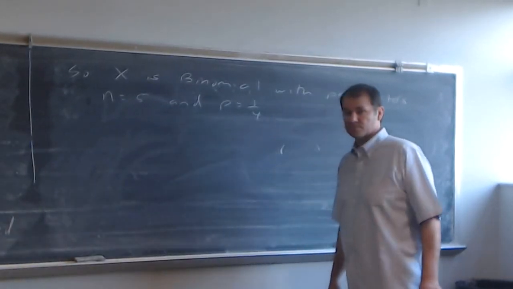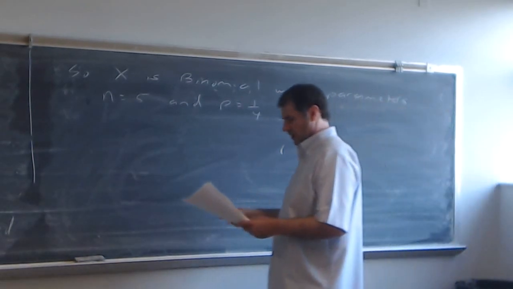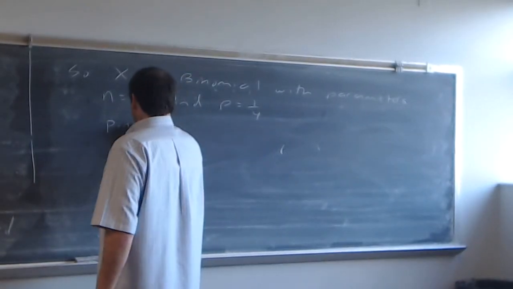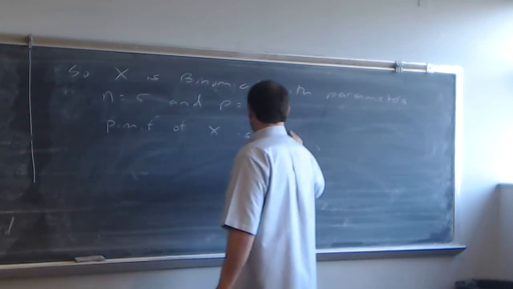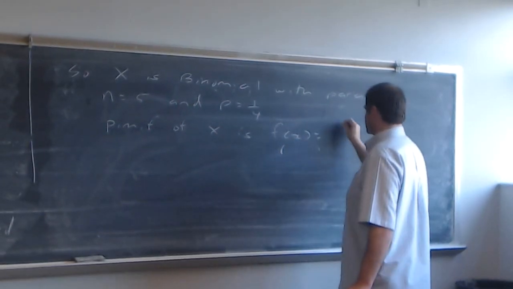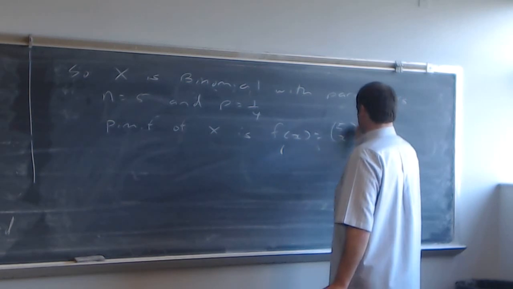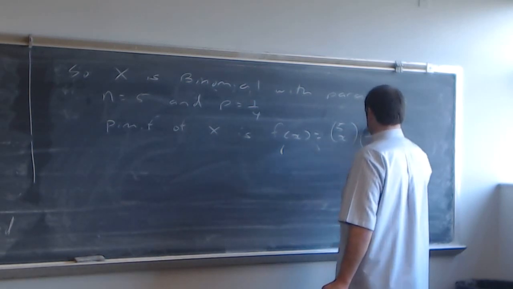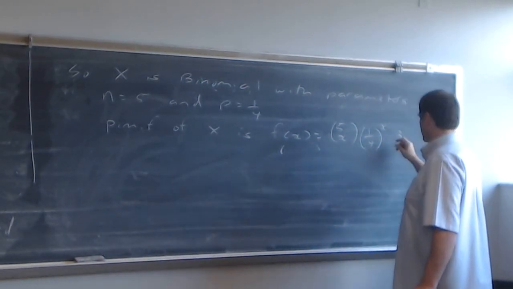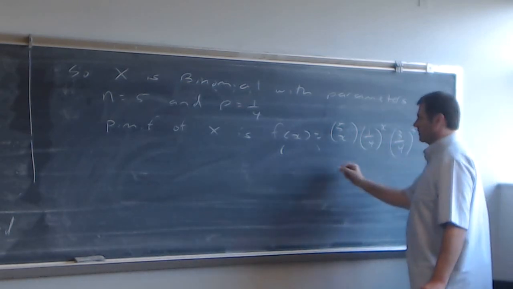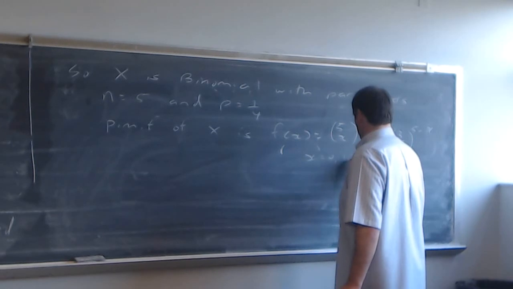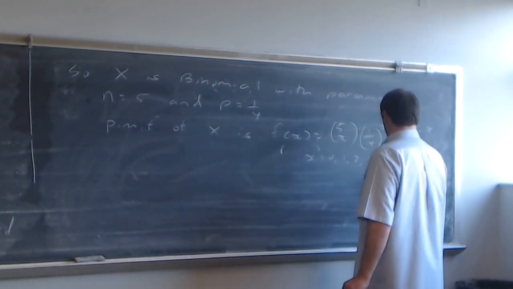The chance of getting a heart is 1/4. The PMF of X is f of x, so it's n choose x, that's 5 choose x, p to the x, that's 1/4 to the x, and then 1 minus p, that's 3/4 to the 5 minus x. And again, x could be equal to 0, 1, 2, 3, 4, or 5.